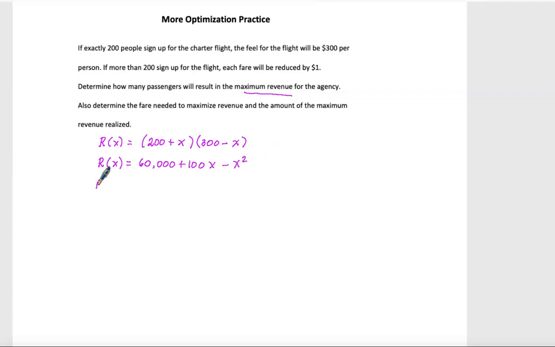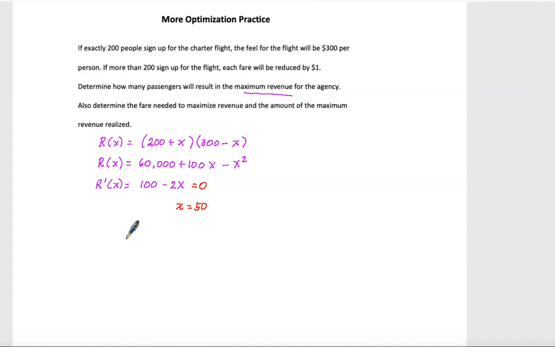And then we get the derivative. The derivative would be 100 minus 2x. Again, we need to set that derivative equal to 0 and solve for the critical number. Our x here is equal to 50, meaning 50 additional passengers.